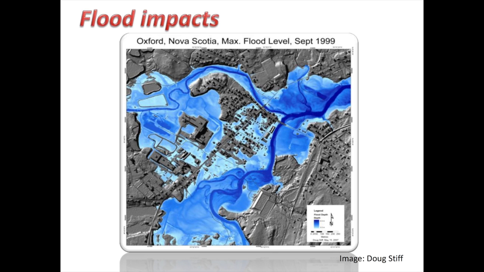So here we can just see an example of, if you take the DEM, in this case a hill-shaded representation of the DEM, and then transpose on top of that a hydraulic model, a hydraulically modeled surface of the flood waters running through there. You can then estimate the flood depths at any point within that area, and so that's what the various shades of blue represent, the depth of the inundation.